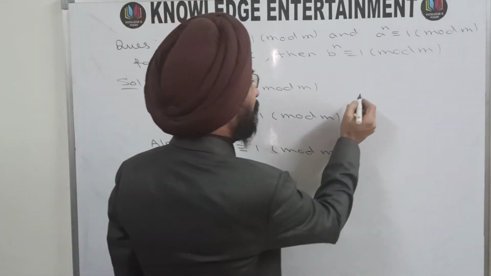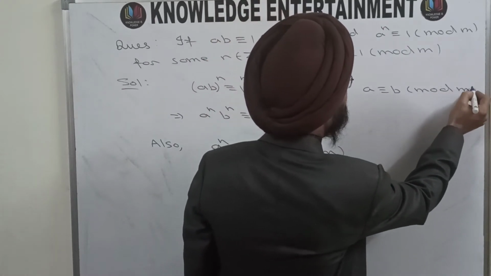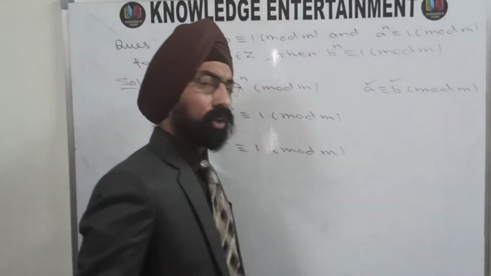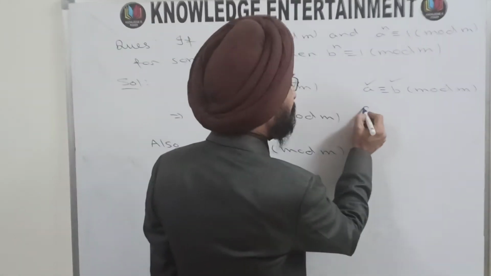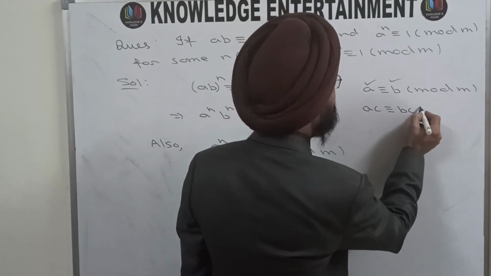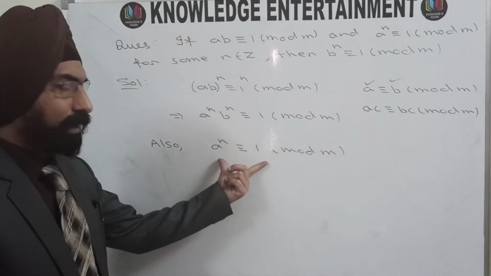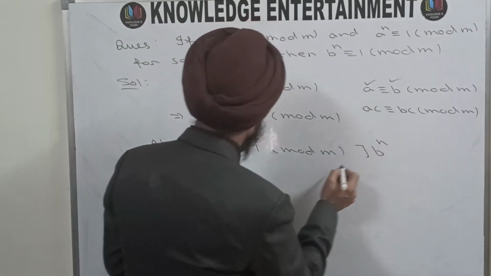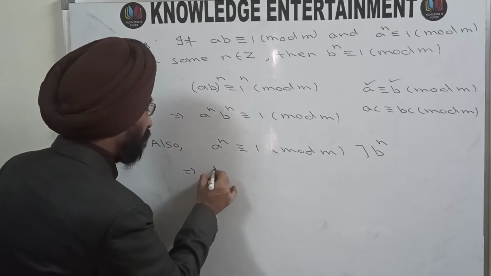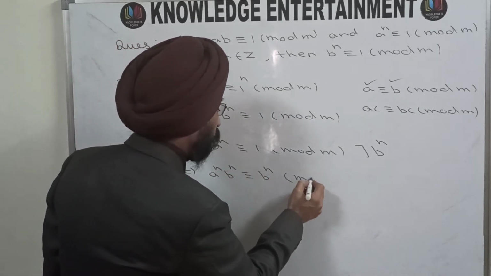And we also know that if a is congruent to b modulo m, then multiplying both sides by the same non-zero constant c, we get ac is congruent to bc modulo m is also true. So here I am multiplying both sides by b power n. So what you are going to get is a power n, b power n is congruent to b power n modulo m.